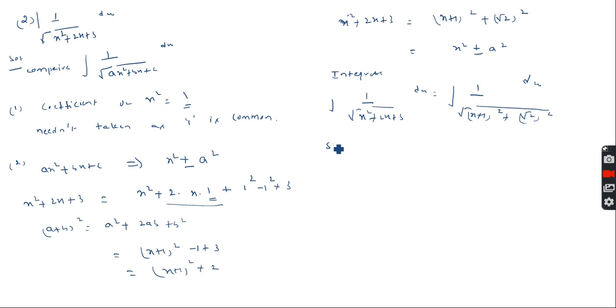The standard formula is the integral of 1 by root of x square plus a square into dx, in this form. That is nothing but sinh inverse of x by a.